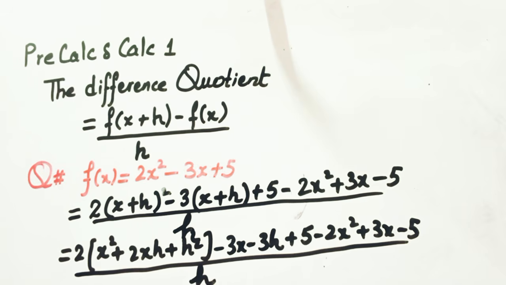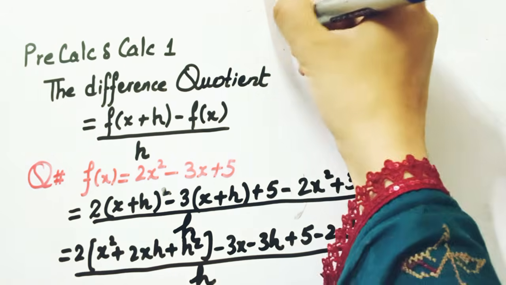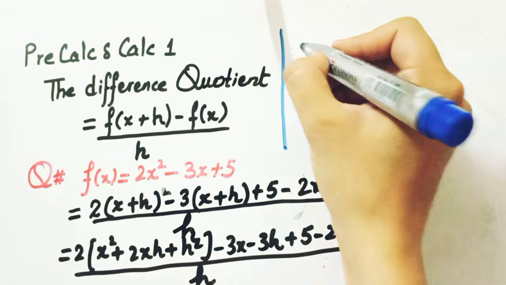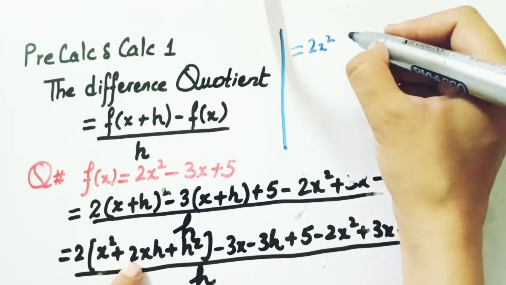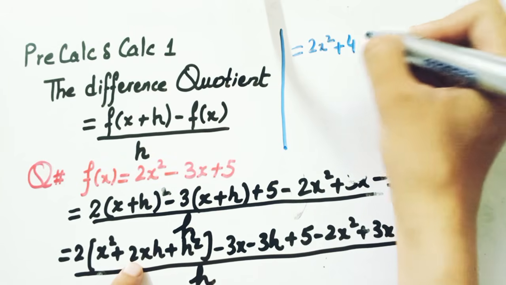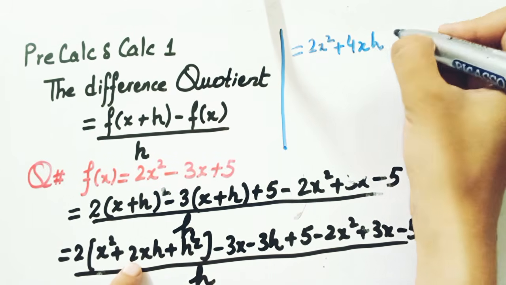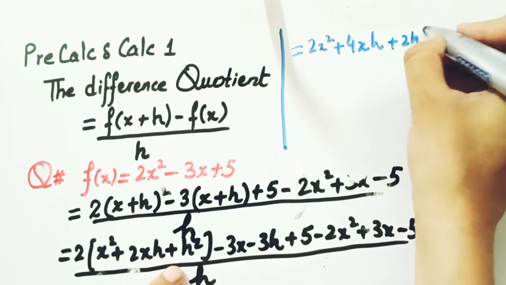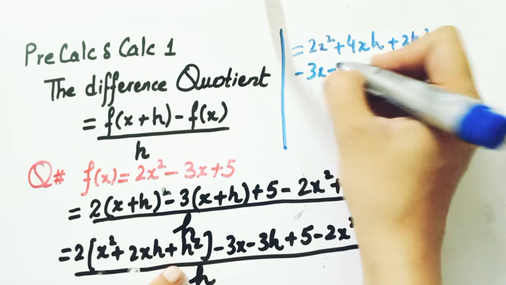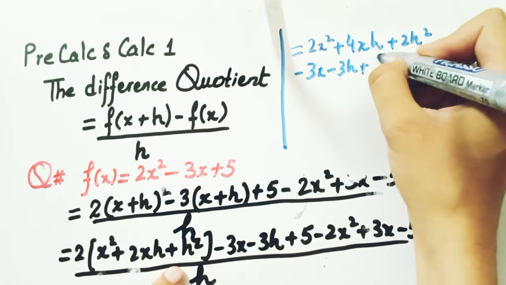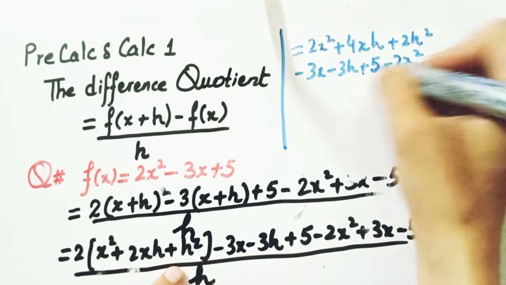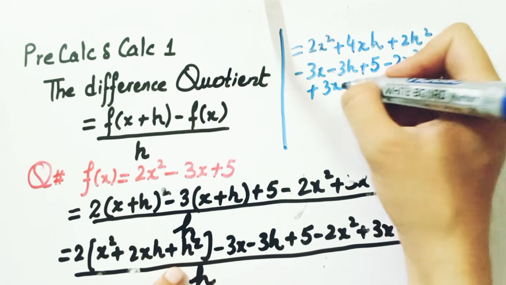So what will we get? We will multiply this and get the answer. So this will equal, when we multiply, 2x square, then 2 plus 2 is 4, this is 4xh plus 2h square minus 3x minus 3h plus 5 minus 2x square plus 3 of x and minus 5.